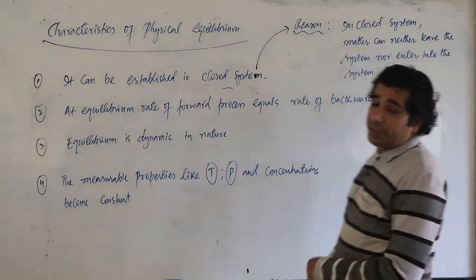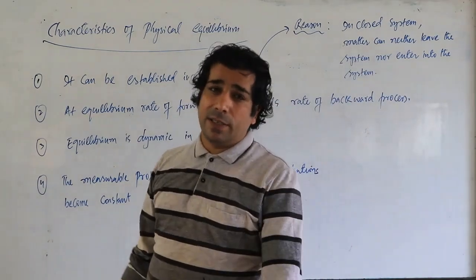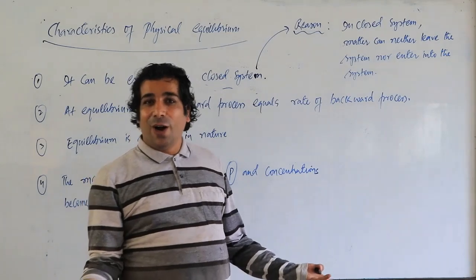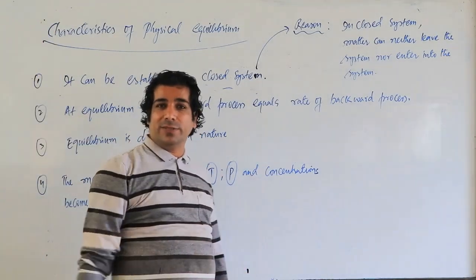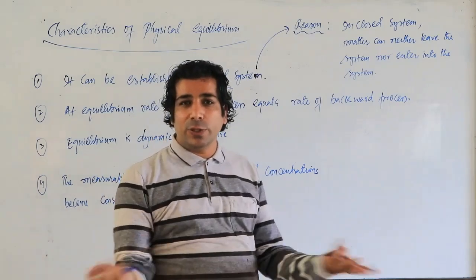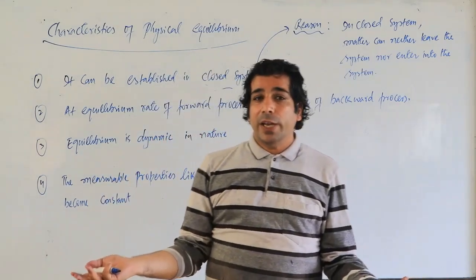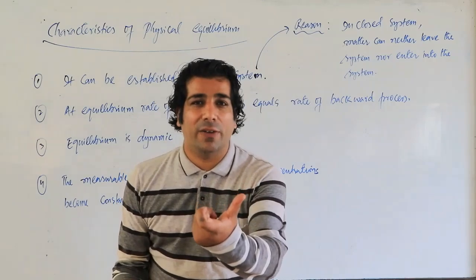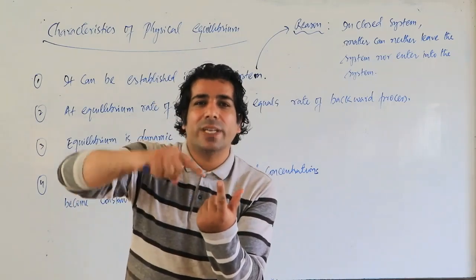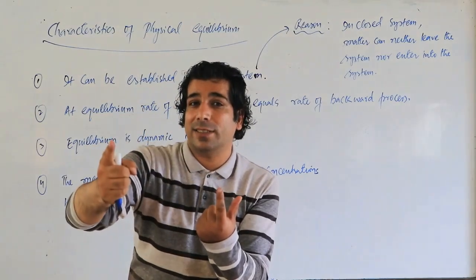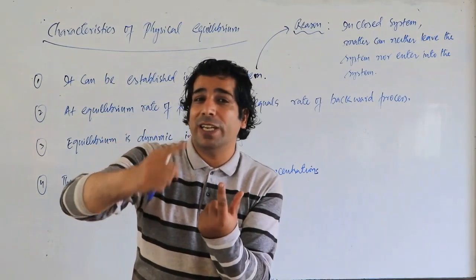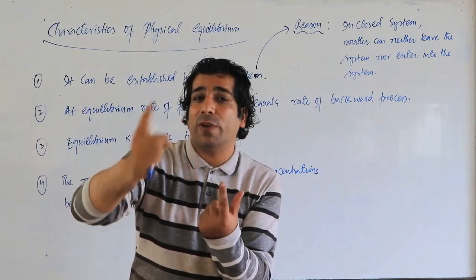So my dear friends, matter cannot leave the closed system, or some matter from the surroundings cannot enter into the closed system. Then you will be thinking, what is the use of that? Use is very simple. If you keep an open system, and liquid is changing into gas, what happens at equilibrium between liquid and vapor?